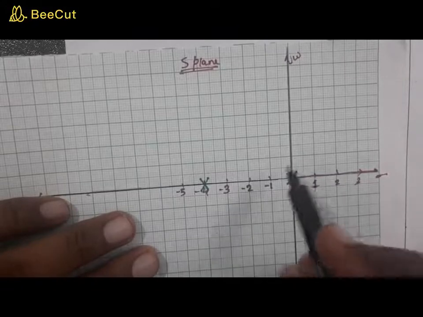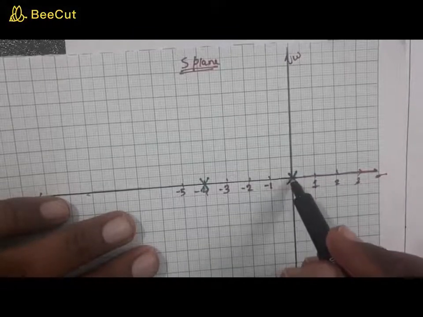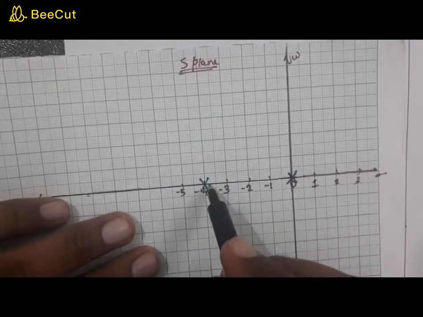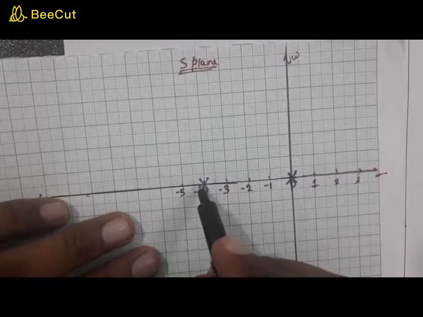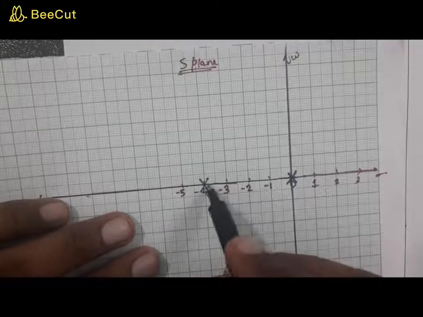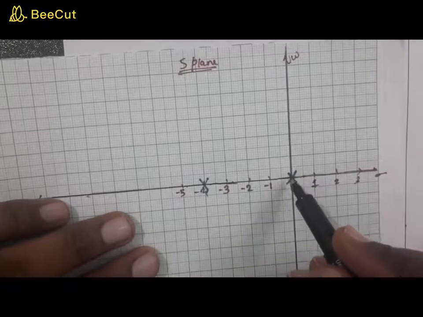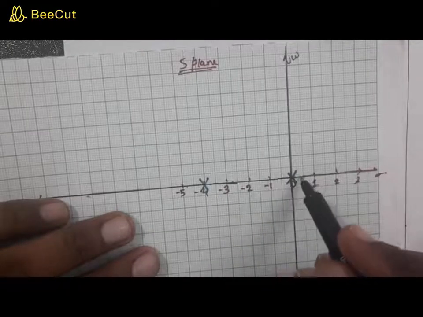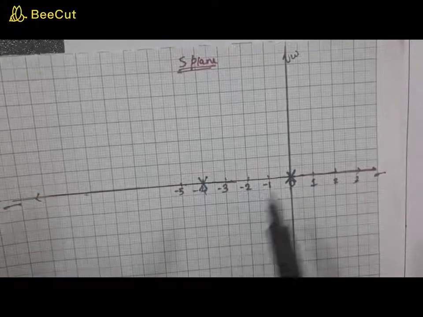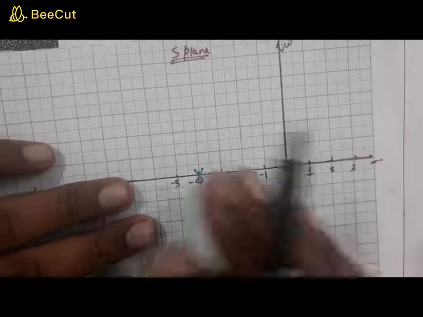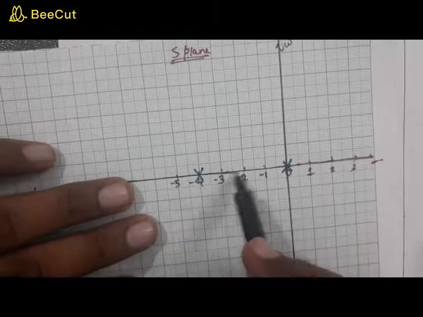So anyway, for some time these poles will be taking their path along the real axis. This particular pole can move in this direction or in this direction. Similarly, this pole can move in this direction as well as in this direction. So we need to know whether there is any root locus branch on the real axis.